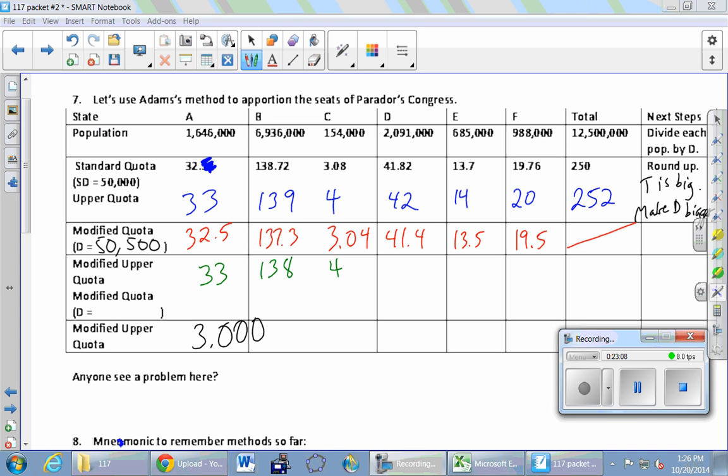Doesn't matter what the decimal is. So if you take 3.000 forever, it's just 3, and you cover up the decimal point, what do you get when you round down? 3. The rounding up answer is always one more than the rounding down answer. So 3 rounded up would go to 4, even though there's no decimal afterward. Thanks for the question. Okay, this 41 becomes 42, 14, and 20.